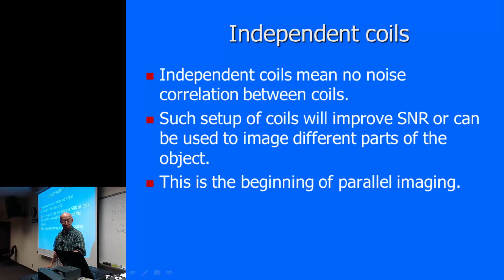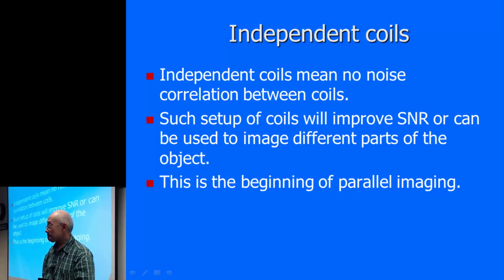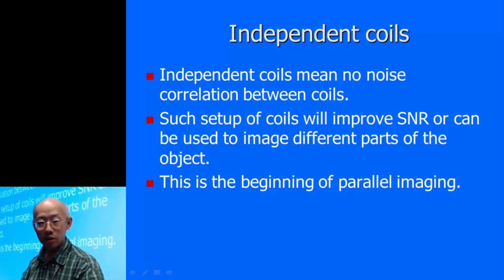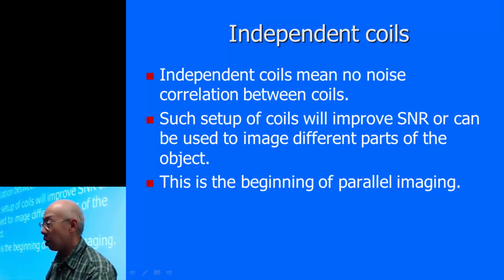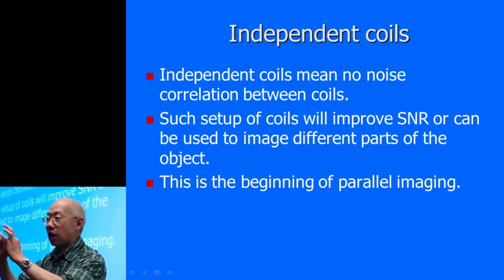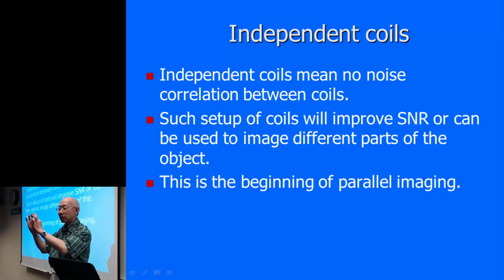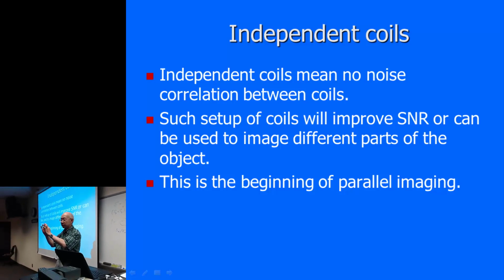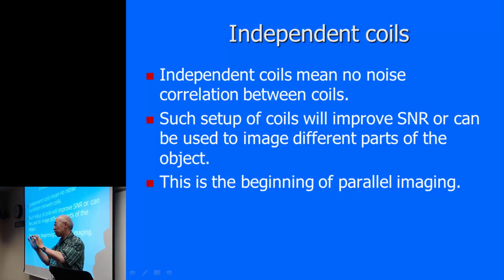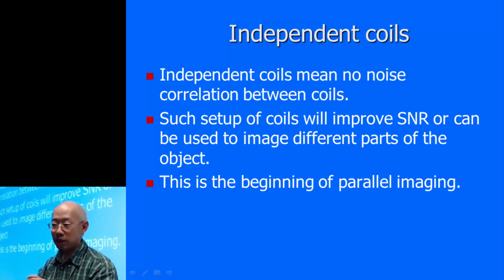So, back to this story about what you can do in order to make the mutual inductance 0, or minimize the mutual inductance between two coils. From the engineering point of view, there are actually three possibilities.